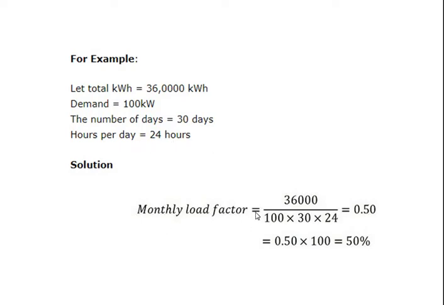So monthly load factor can be calculated as the average load, that is 36,000 divided by maximum demand. So maximum demand is 100 into the number of days, that is for 1 month is 30 days, into number of hours per day, that is 24, which is equal to 0.50. So the load factor is always less than 1.